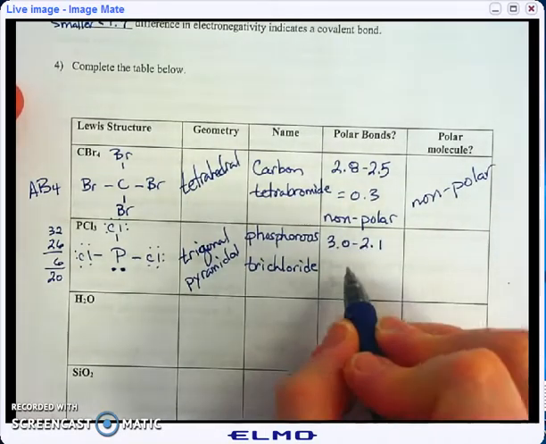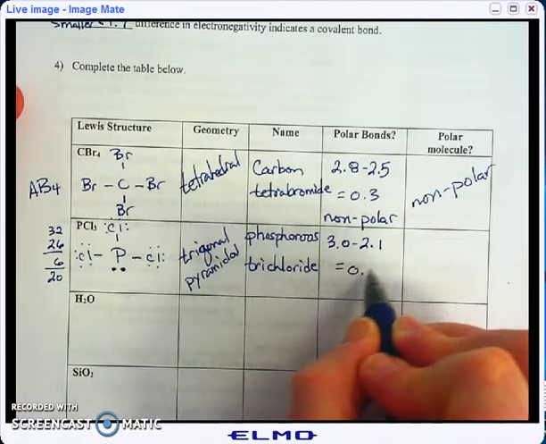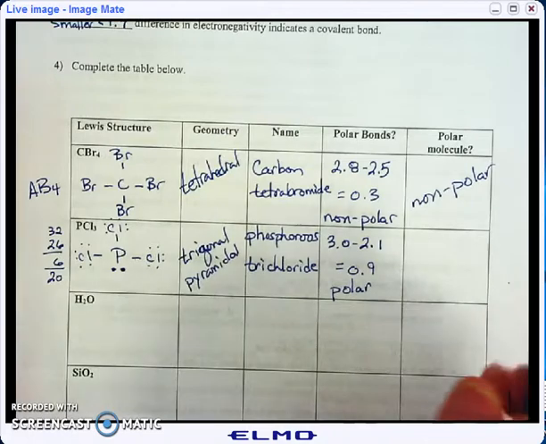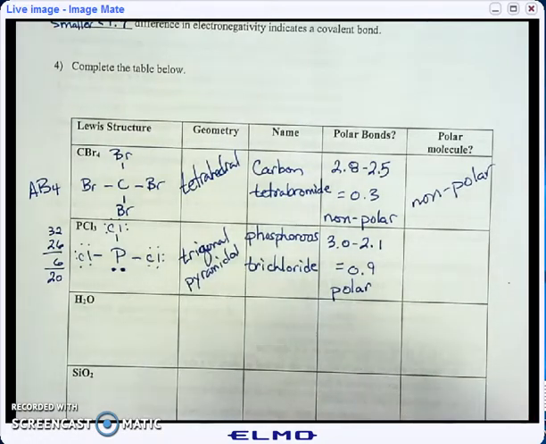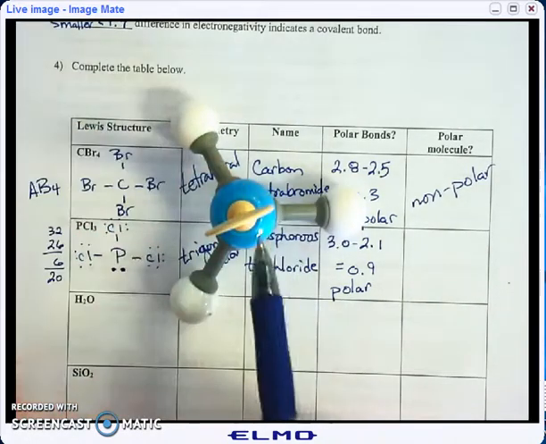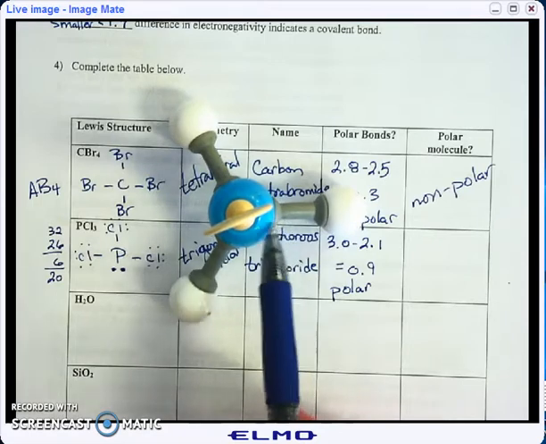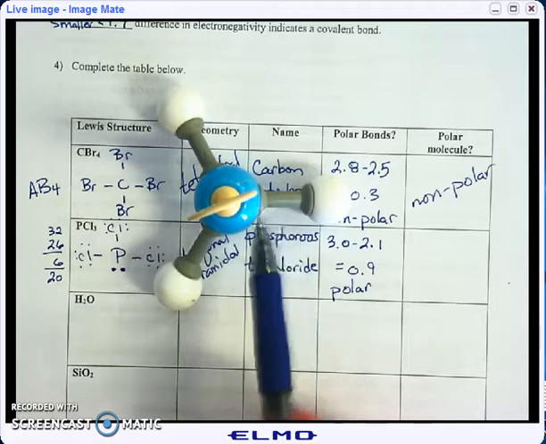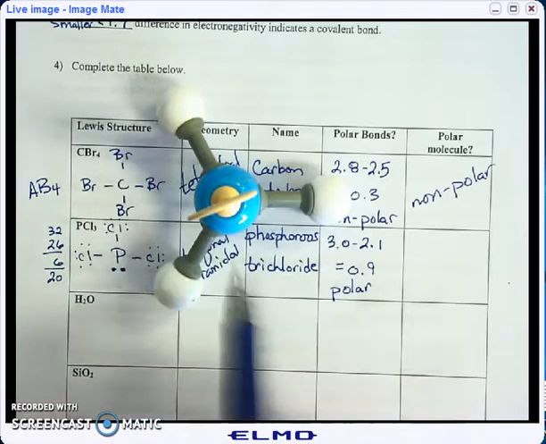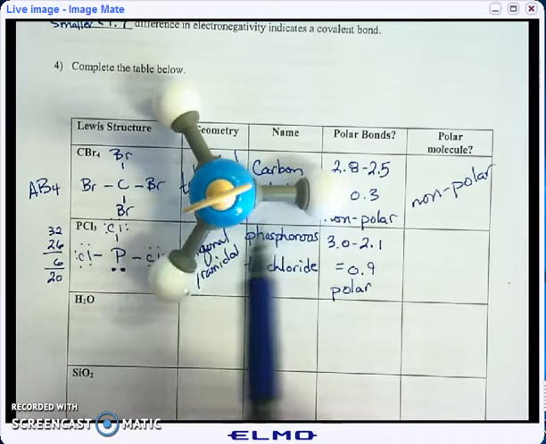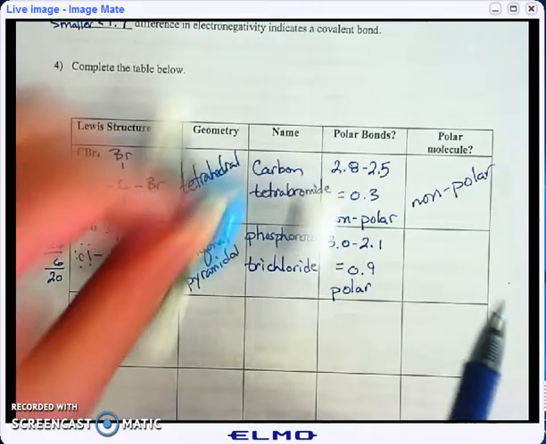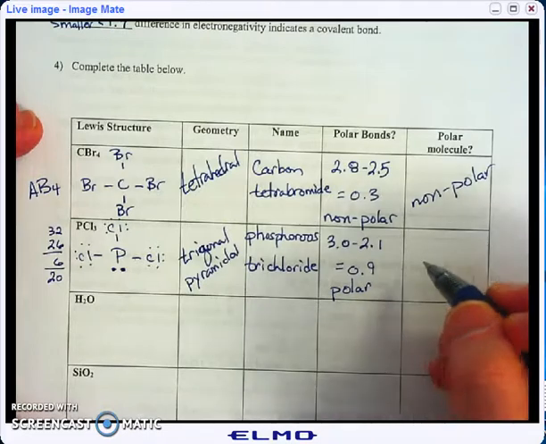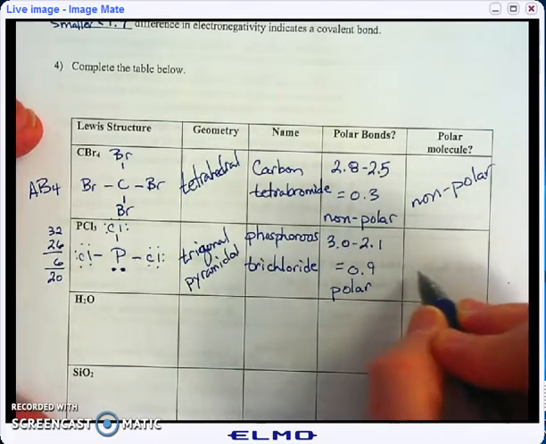Okay, Hector. 0.9 difference. The bond is polar, and again, we're talking about just the bond between the phosphorus and the chlorine. We're talking about a single bond. A lot of you are trying to add all these up and subtract just the one. We're only talking about a singular bond here. And is the molecule polar or nonpolar? Polar. Why?